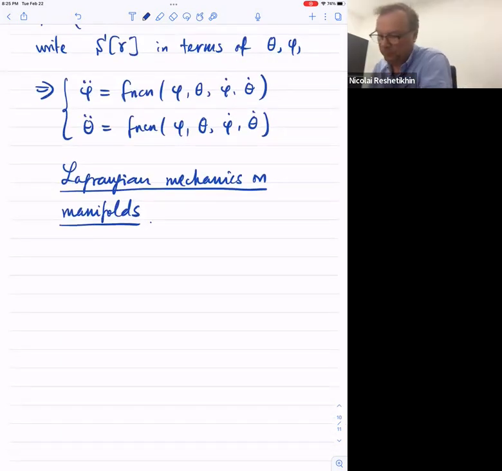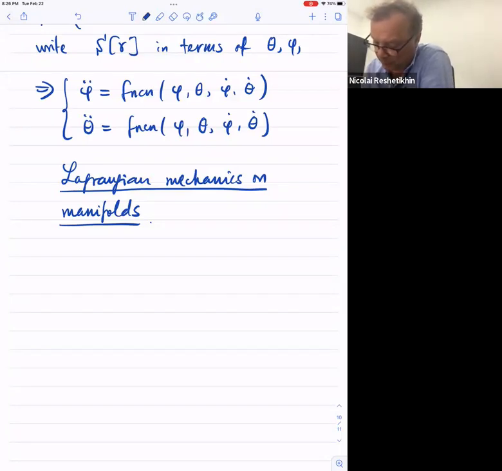So now we're passing from the Newtonian mechanics. Newtonian mechanics will be a particular example. So now we will develop a more general tool, which is called Lagrangian mechanics.